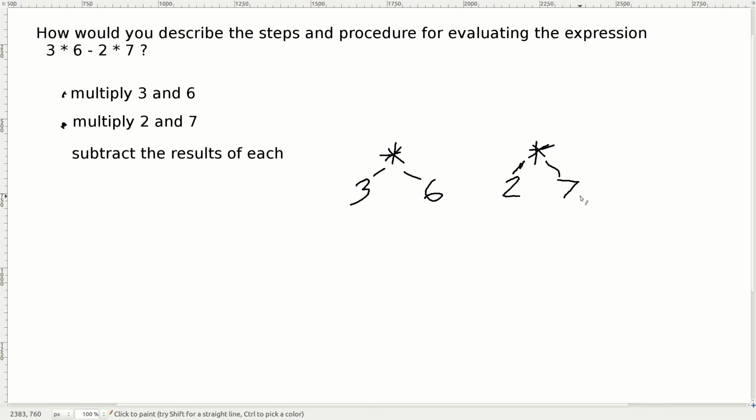And then at a higher level, we've got the minus that will represent the last step in the expression. And what's it going to do? Well, it will need the values of its two children in order to be able to evaluate the whole expression. The whole expression is represented by this root, this last operation that needs to happen, the minus there.